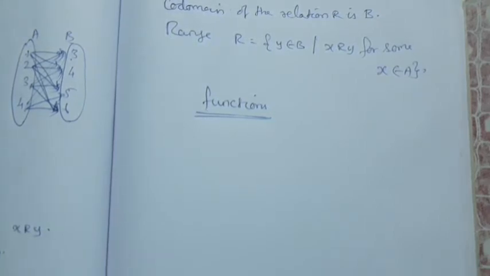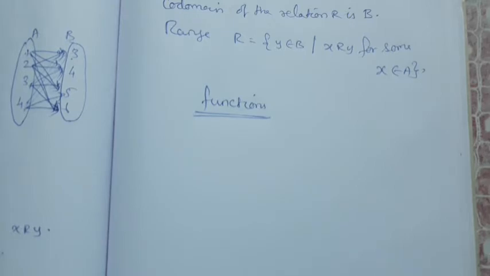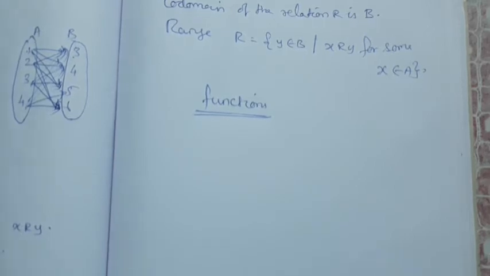To say it in very simple words, for every input there must be one and only one output. See, it's like a machine. For every input you give, you must get an output.